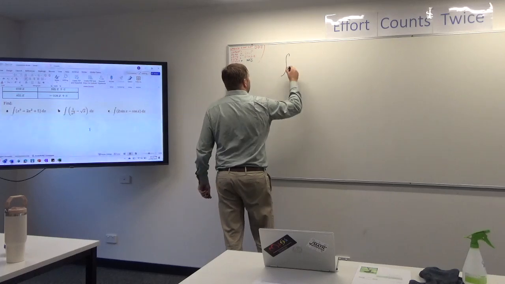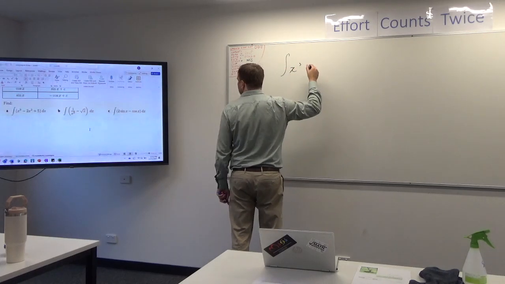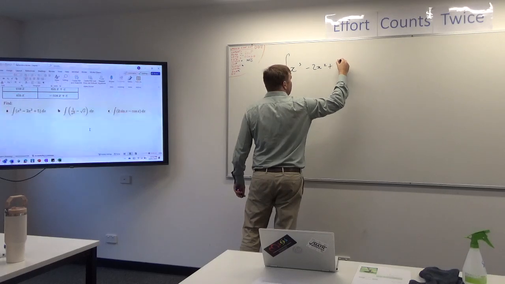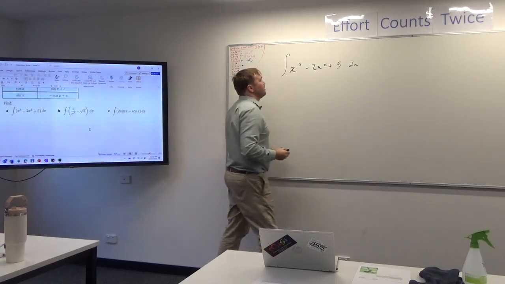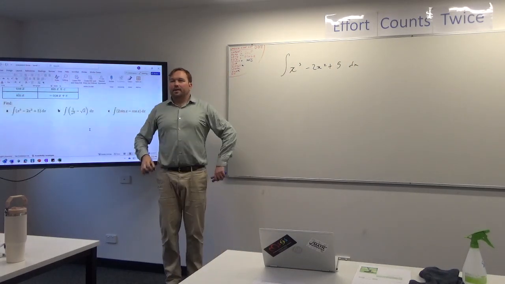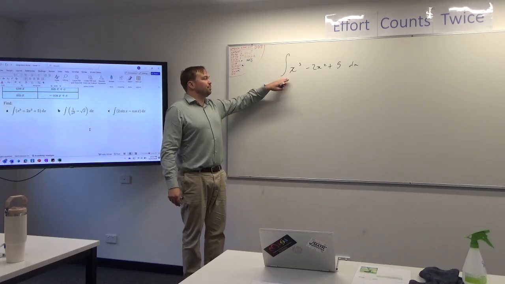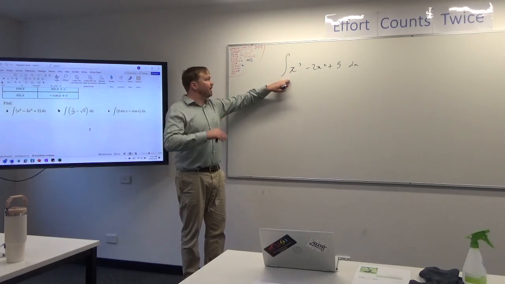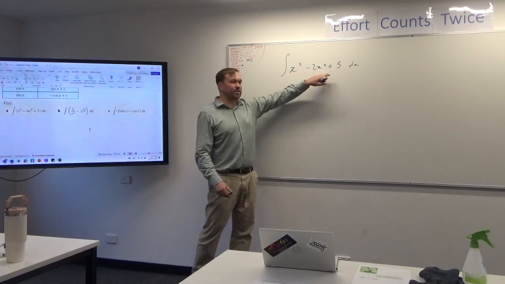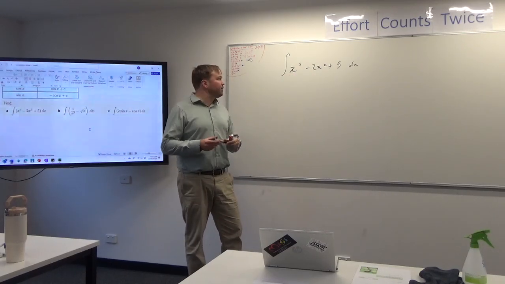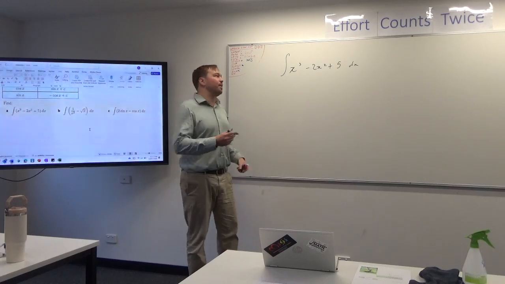Alright, the integral of x cubed minus 2x squared plus 5 dx. Now, if you were asked to integrate this, you'd be allowed to split the integral across every sign. So you wouldn't necessarily write this line. You will get fast enough that you're not needing to write this line.